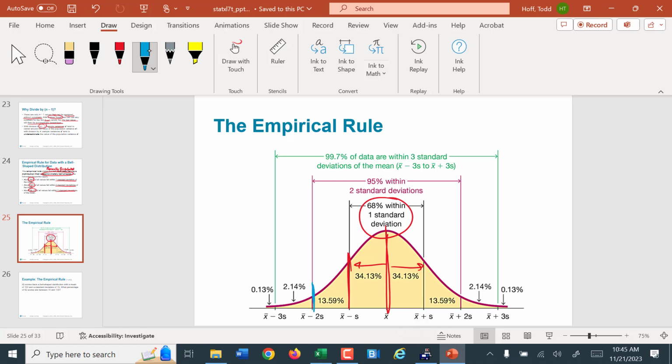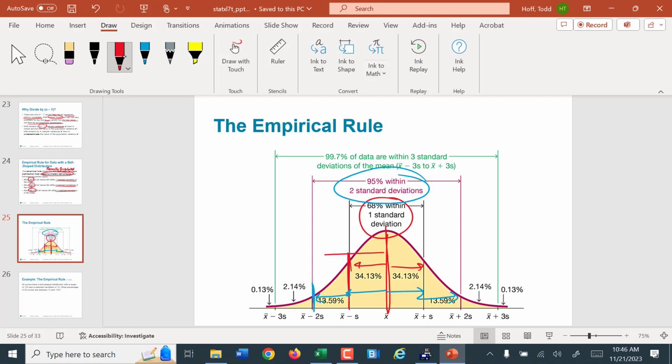If we go out a second standard deviation, so 1, 2 standard deviations in each direction, we expect 95% to be within 2 standard deviations. We would say that it's an unusual value to be outside of 2 standard deviations, but not an outlier.